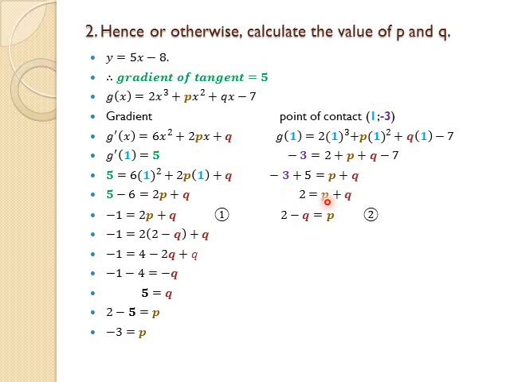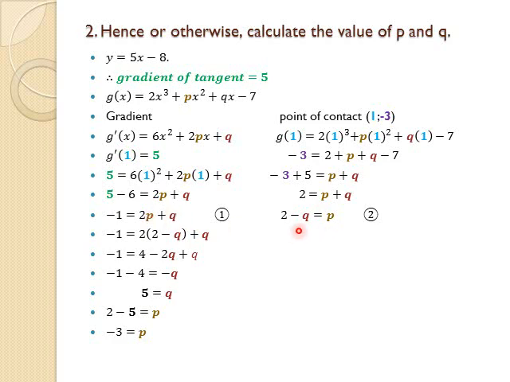Now here I chose to make p the subject of the formula, so if I take q across, it becomes 2 minus q equals p. That's my equation 2. Now I'm going to substitute 2 into 1. That's to ensure that we have one unknown and not 2. You see I have p and q, so either I make all of it read q or all of it read p.